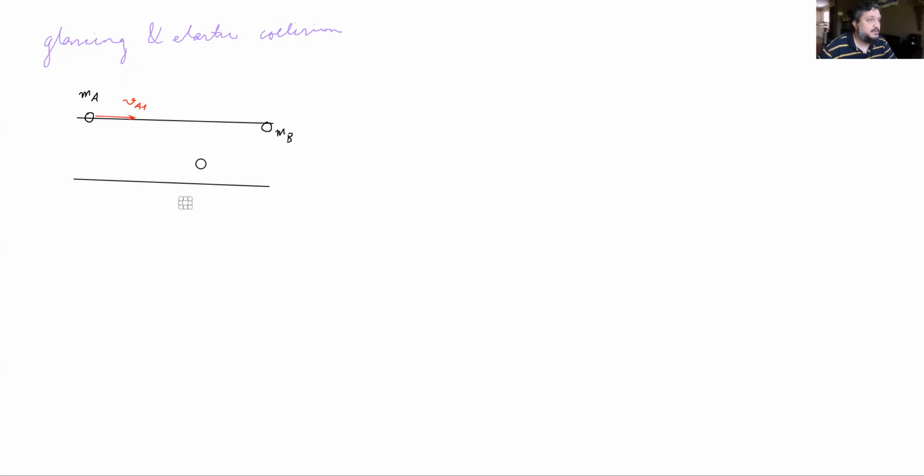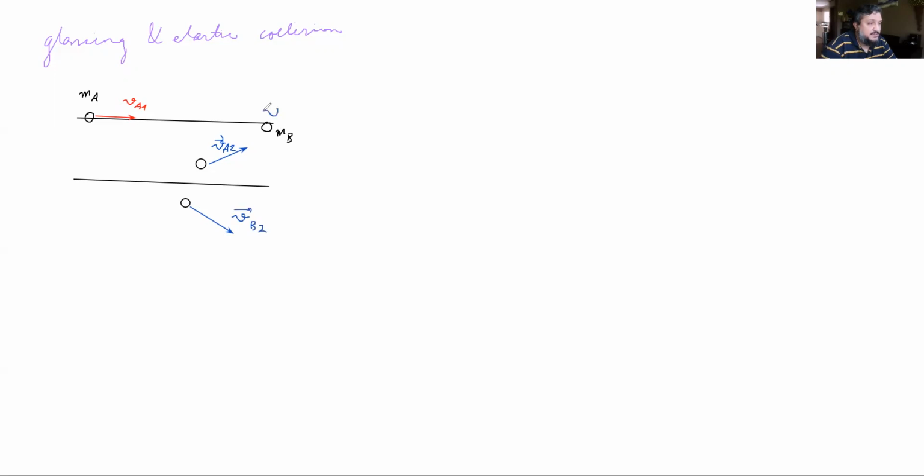So let's pick a different color, blue, and draw like that. Okay, so this is VA2, and this is VB2.